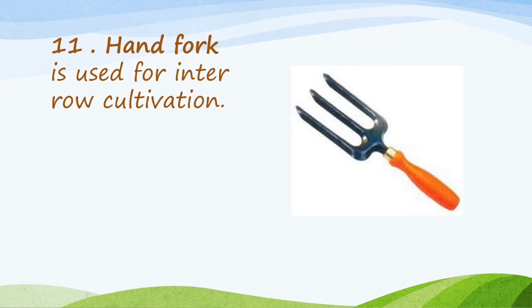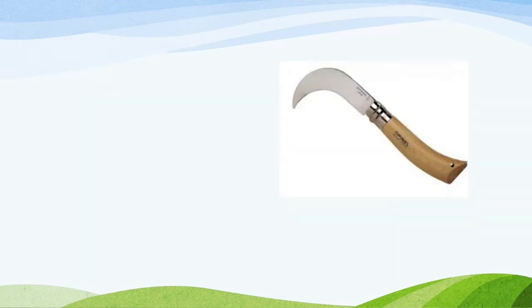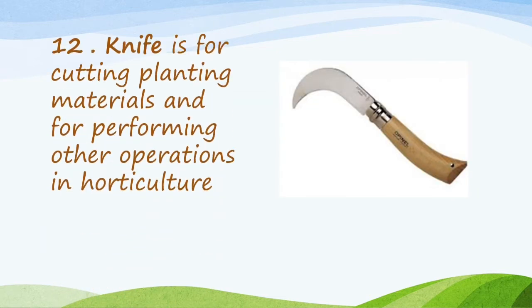Number 11, hand fork is used for inter-row cultivation. Number 12, knife is for cutting planting materials and performing other operations in horticulture.